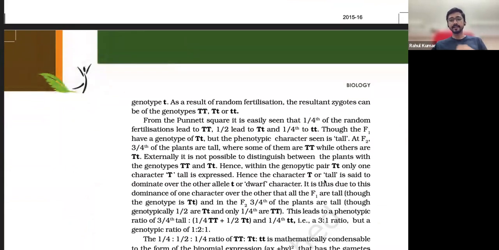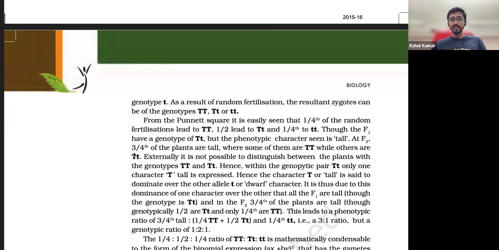And then they're explaining that again in some convoluted manner, that though the F1 have a genotype of capital T, small t, F1 means the first generation that we are selfing, though they are heterozygotes, the phenotypic character seen is tall for them.